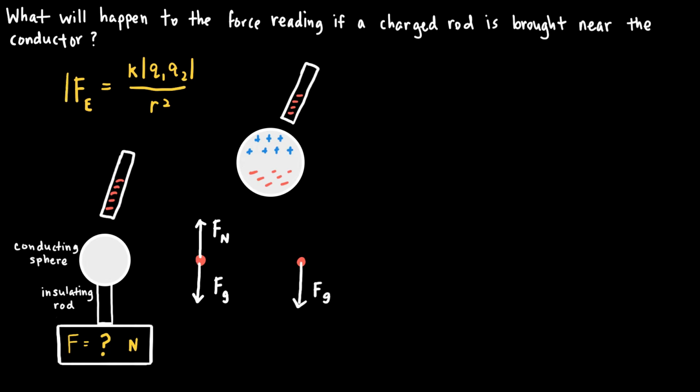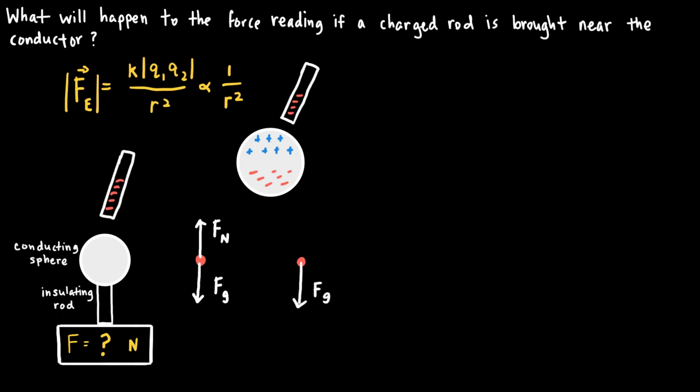And this equation tells us what the magnitude of the electric force would be. And so what we see in this equation is that there's a relationship between electric force and the separation between charge.